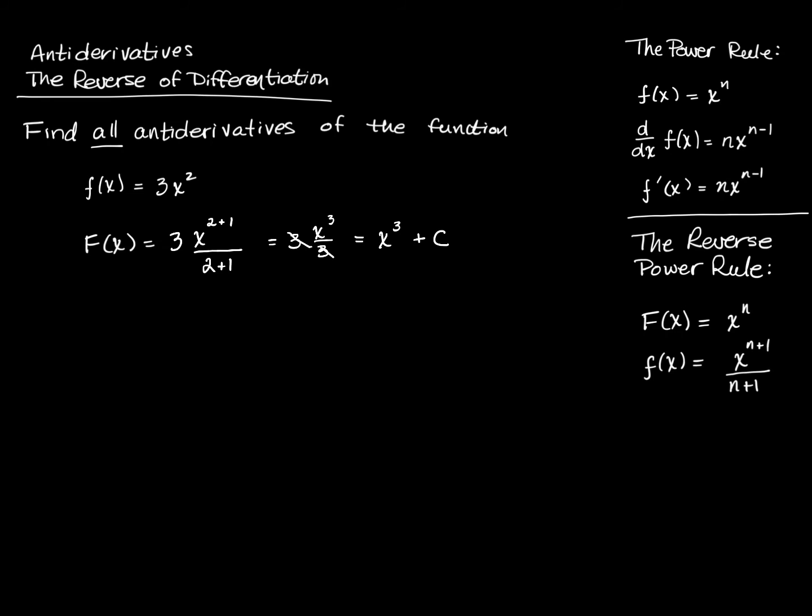Now, how can you check this? Remember that the definition said if the derivative of capital F of x was equal to little f of x, then capital F of x was an antiderivative. So let's take the derivative of big F of x. Here's the function we claim is big F of x, the antiderivative of little f. Well, the derivative of x cubed is just 3x squared.